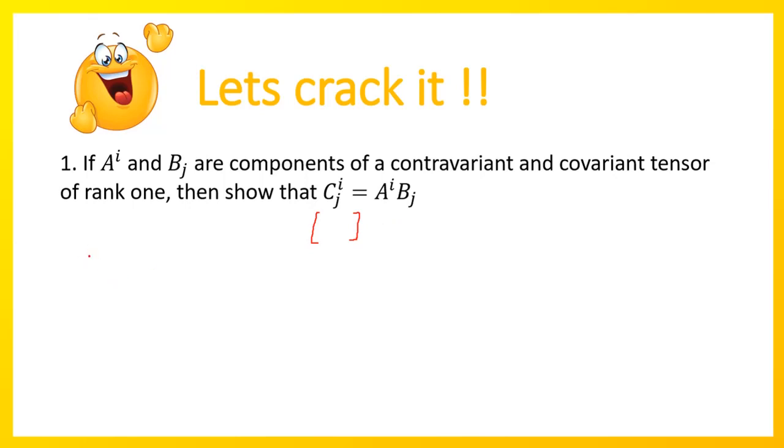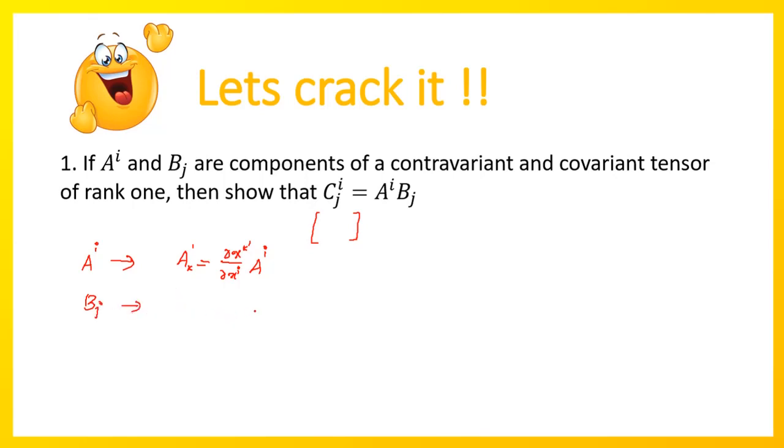Okay. So I have here Ai. As you can see, my Ai here is a contravariant vector. So Ai can transform according to the equation dou xi with respect to some other coordinates, say k dash, is equal to Ak dash. Now I have Bj.